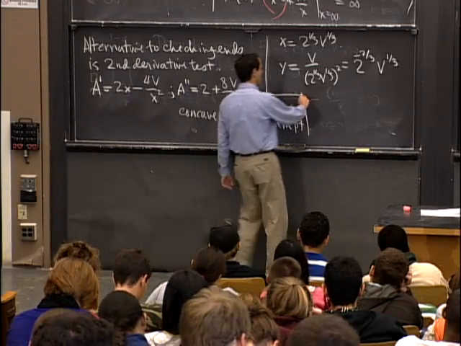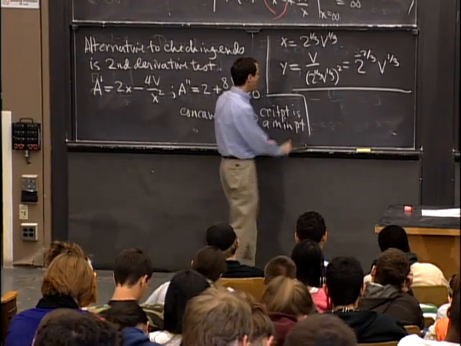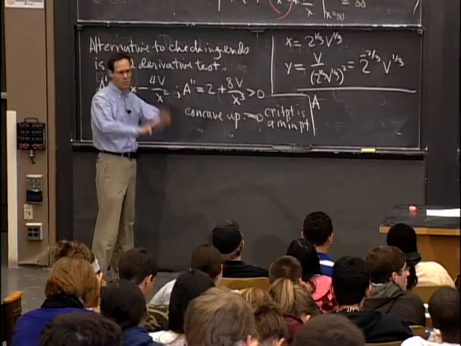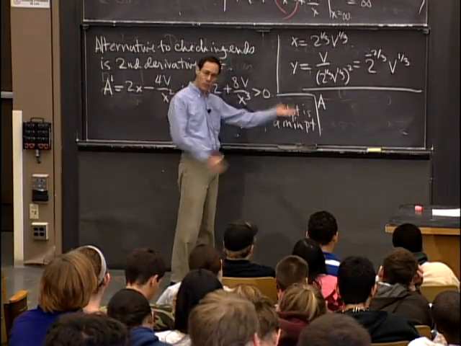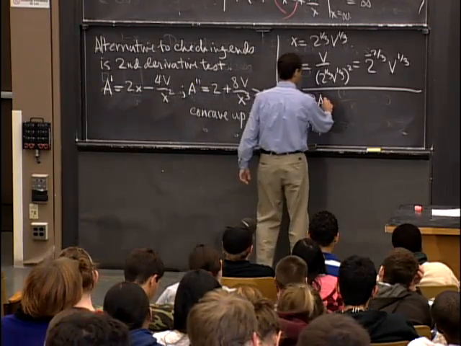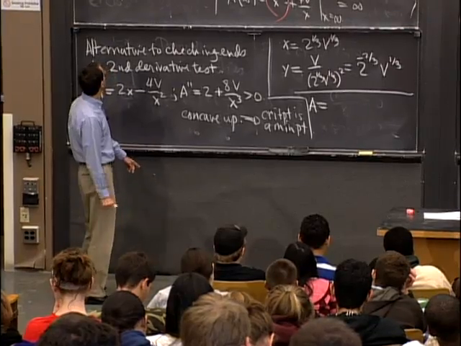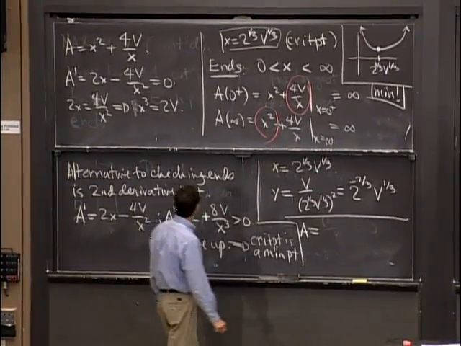On top of that, we could figure out the value of a. All right? So that's also a perfectly reasonable part of the answer. Depending on what one is interested in, you might care how much money it's going to cost you to build this optimal box. And so you plug in the value of a. So a, let's see, is up here. It's x squared plus 4v over x.